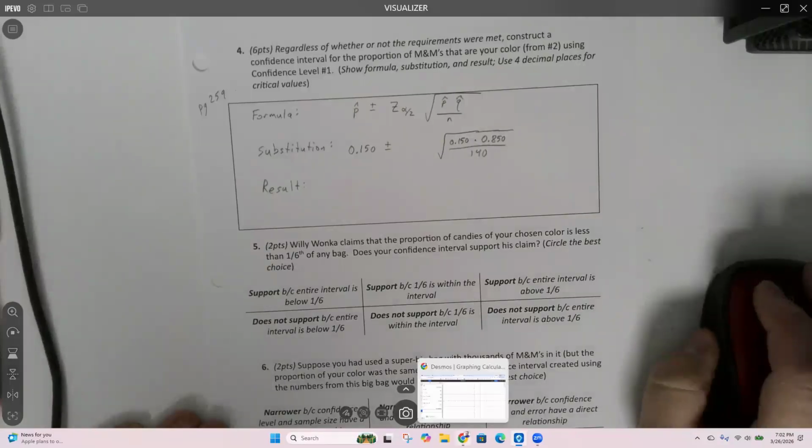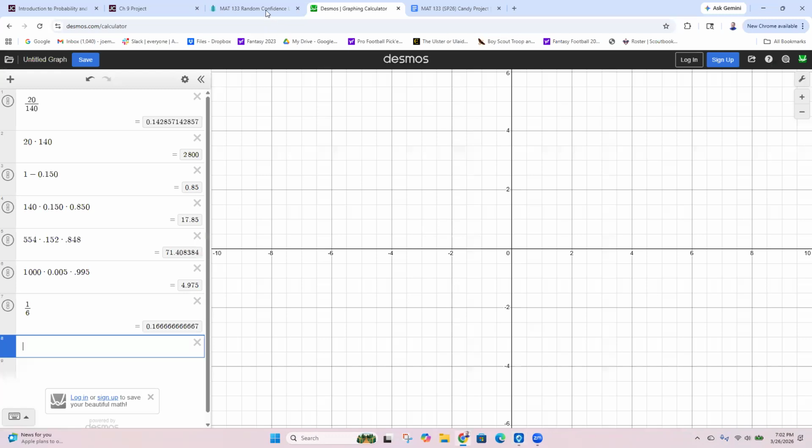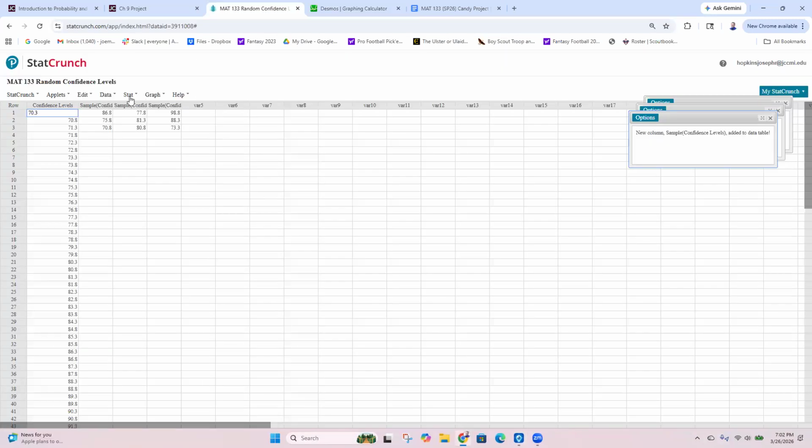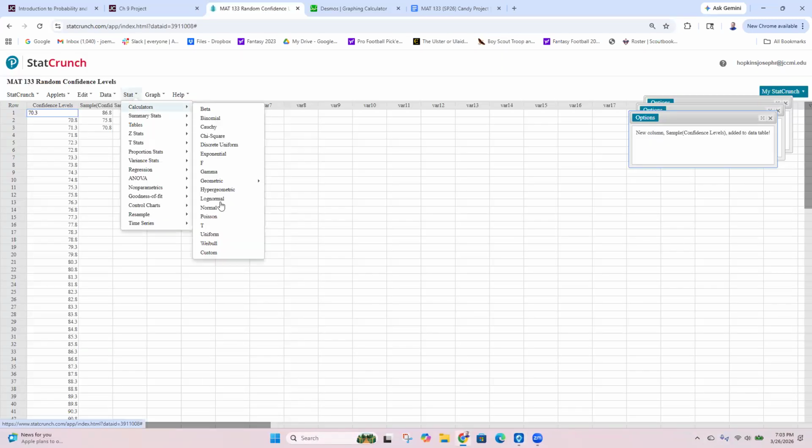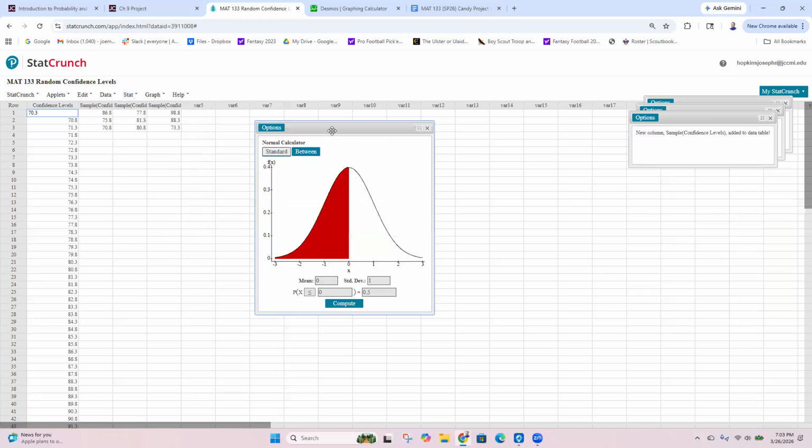To get that, what we did in chapter 7 was go to stat, calculators, normal, and select between. Confidence intervals are always going to be between. We want the low end and the high end. We want to say our true M&M blue percentage is somewhere in this range.